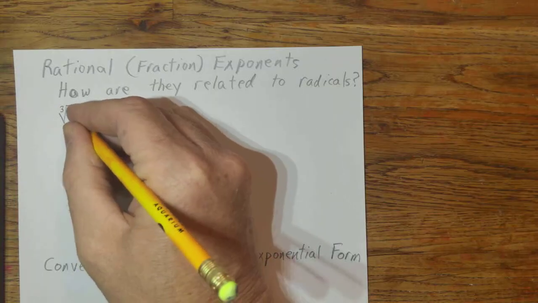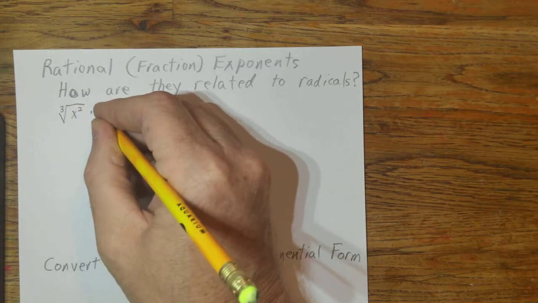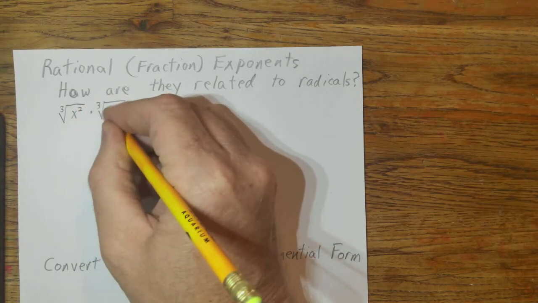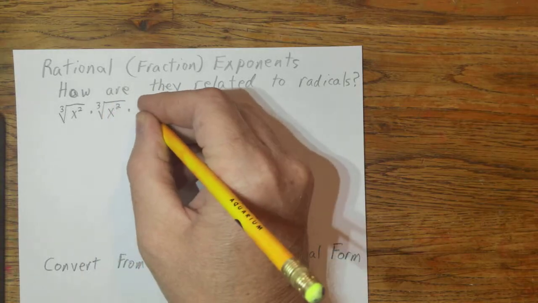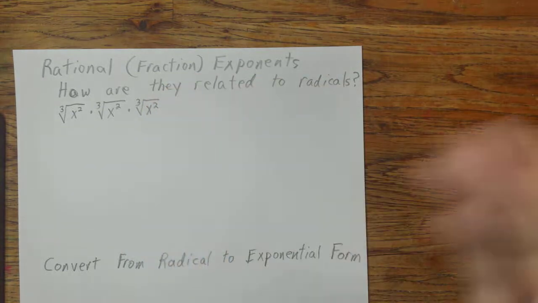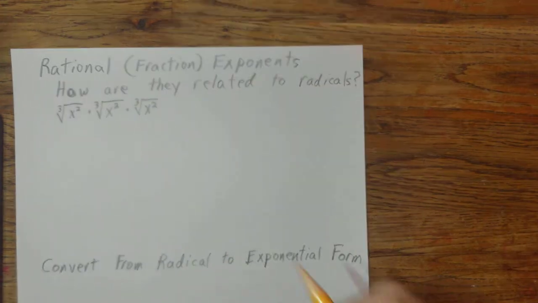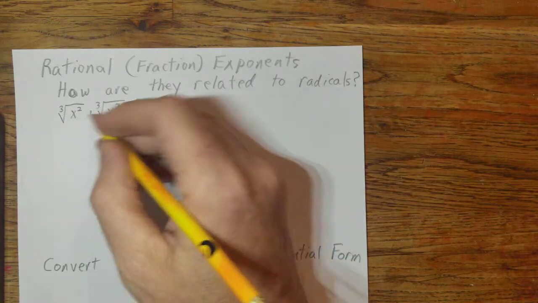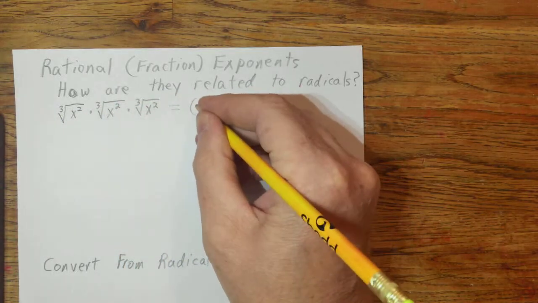If I take the cube root of x squared times the cube root of x squared times the cube root of x squared, just a sample problem, and if we were to simplify that, one thing we notice is it's the same three terms.